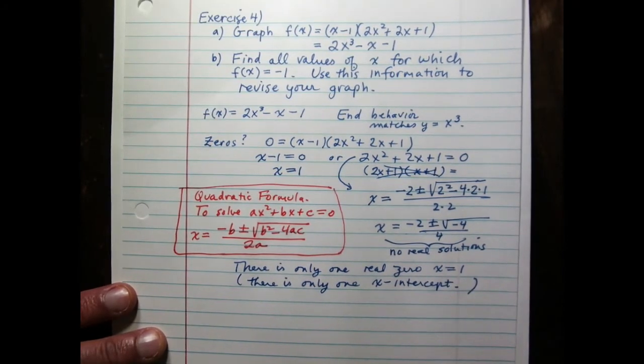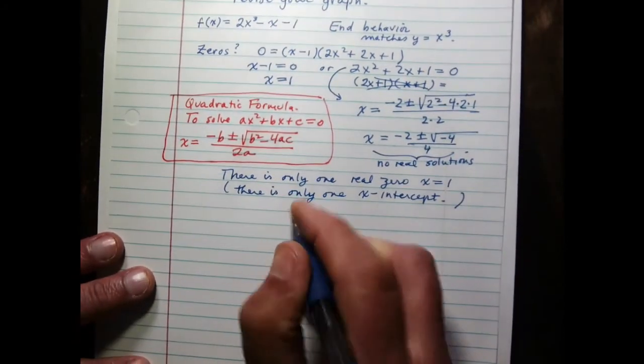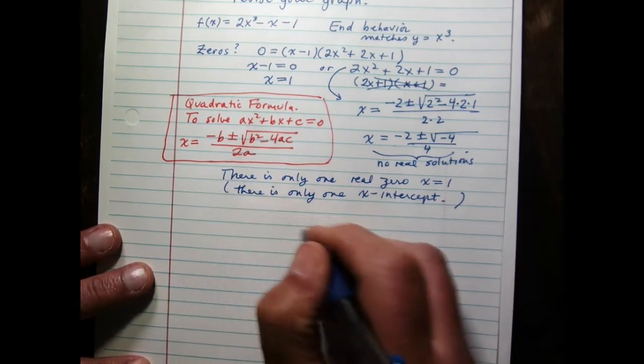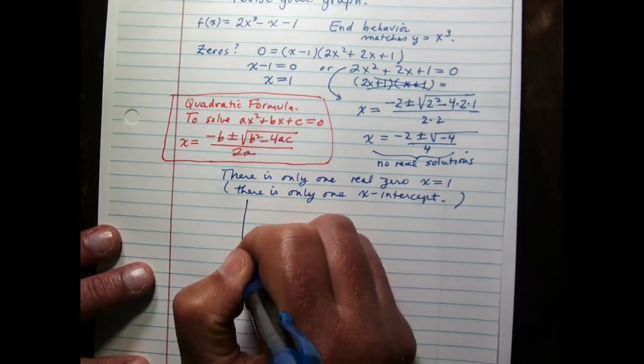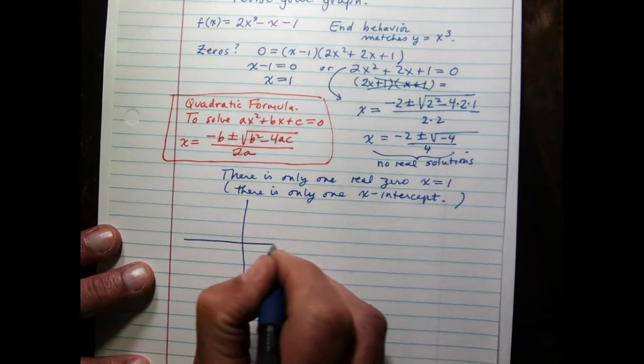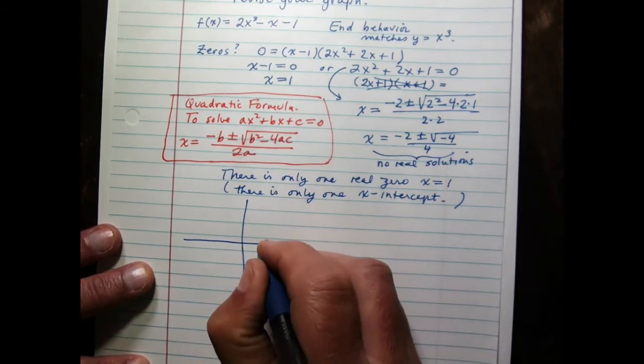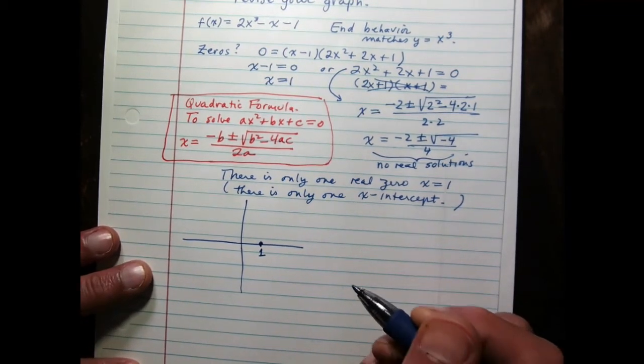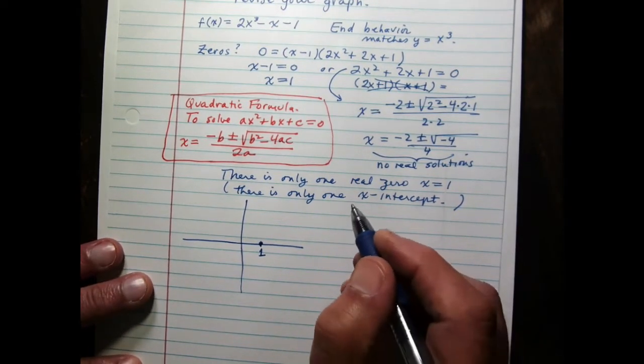Okay, so now for this function, all we've got to go by is we have our one intercept, and we have our end behavior.